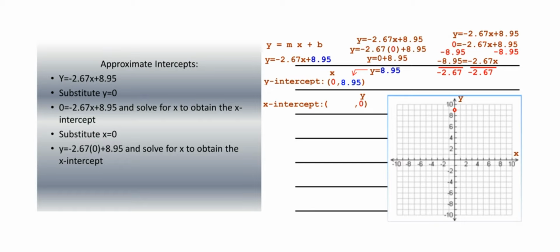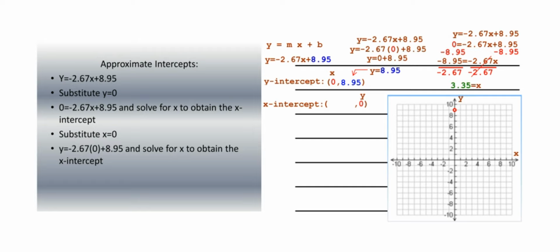On the left side, a negative divided by a negative makes a positive number. 8.95 divided by 2.67, this is where your calculator comes in really handy, agreed? Or practicing those long divisions. Either would work. In this case, dividing negative 8.95 by negative 2.67 gives us 3.35 as our x value.